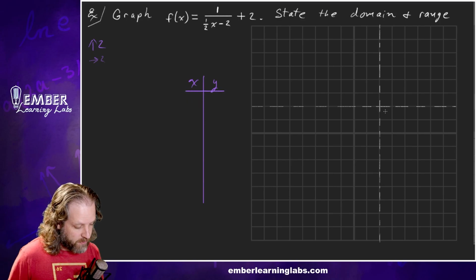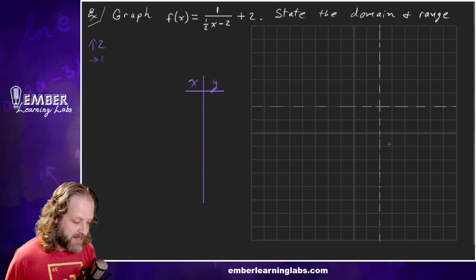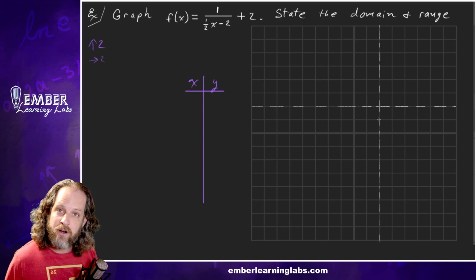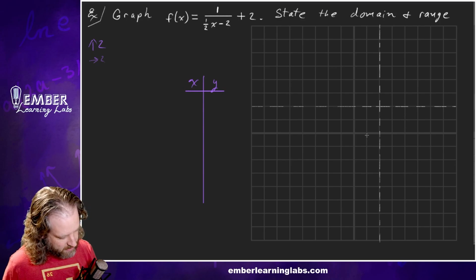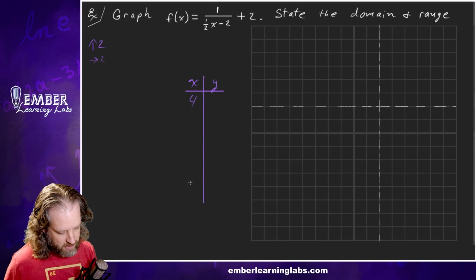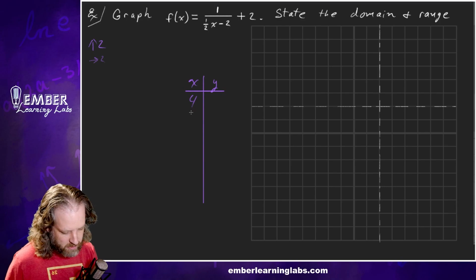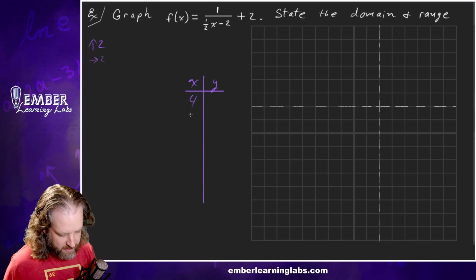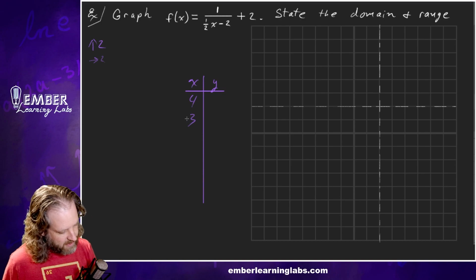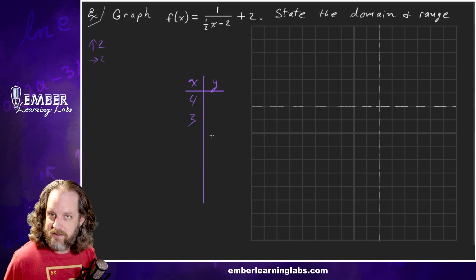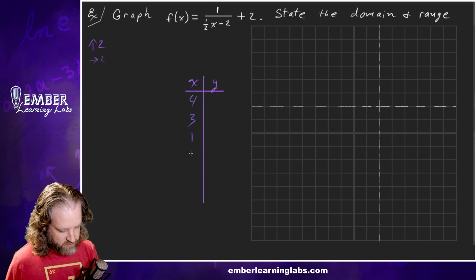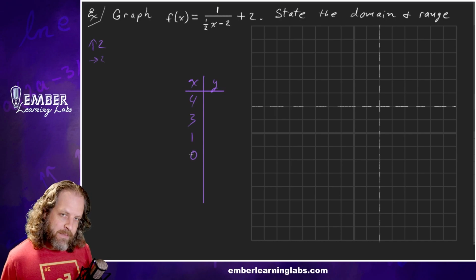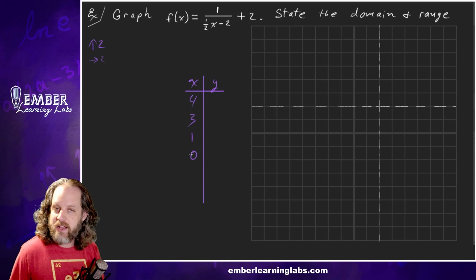Well, we want to put in ones that are going to be to the left and the right of our vertical asymptote. So let's pick 4, and let's do 3, and not 2 because it's going to be undefined at 2. So let's do 1 and 0.